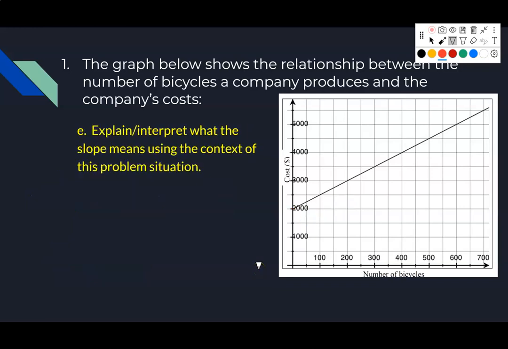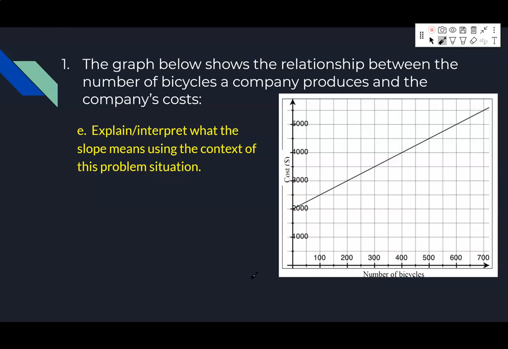Next one. Explain and interpret what the slope means using the context of this problem situation. As you can see here on our graph, it is increasing. So we can say that each time x increases by 100, the y value increases by 500.